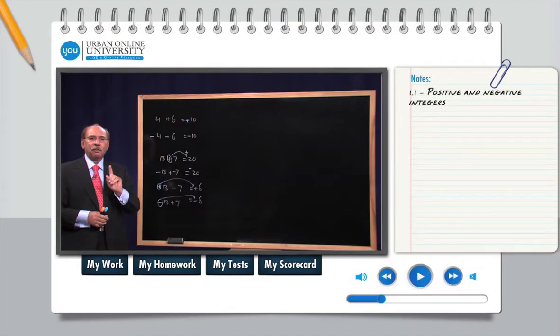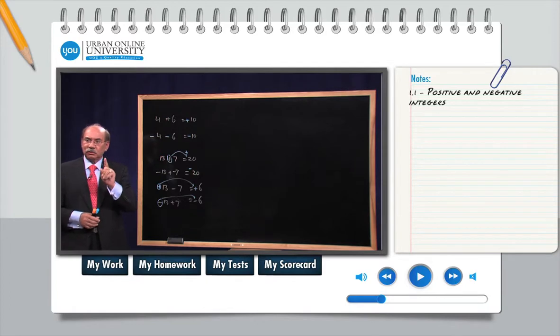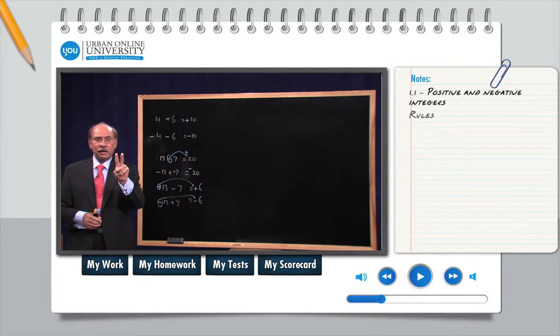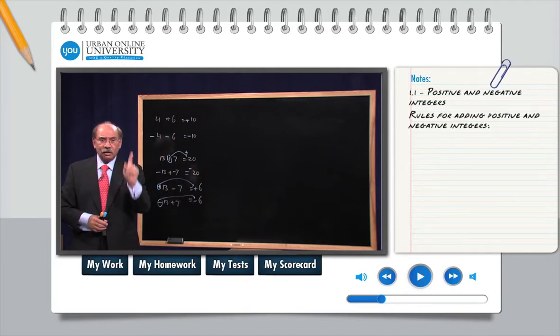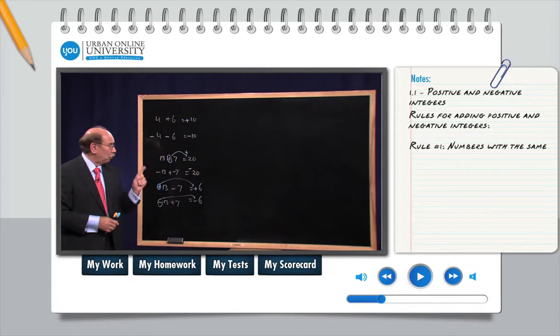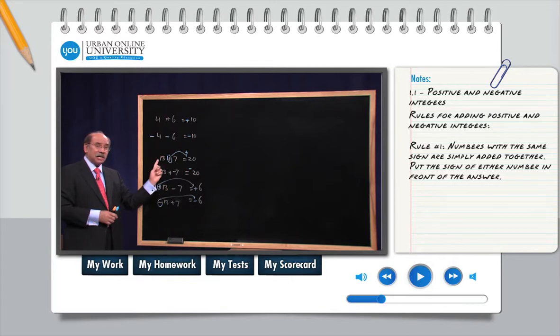It is very important for every student to understand there are two rules when you're dealing with positive and negative integers. Let me explain what the rules are. Rule number 1: when adding two numbers with the same signs, positive, positive here, you add the two numbers, put the sign of either of the two numbers.